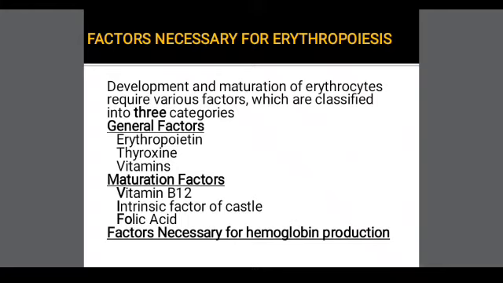The major quantity is secreted by the peritubular capillaries of the kidney, and a small quantity is also secreted from the liver and brain. It stimulates the production of proerythroblasts from colony-forming erythrocytes of the bone marrow, induces the development of proerythroblasts into matured RBCs through the several stages, and promotes the release of matured erythrocytes into the blood.